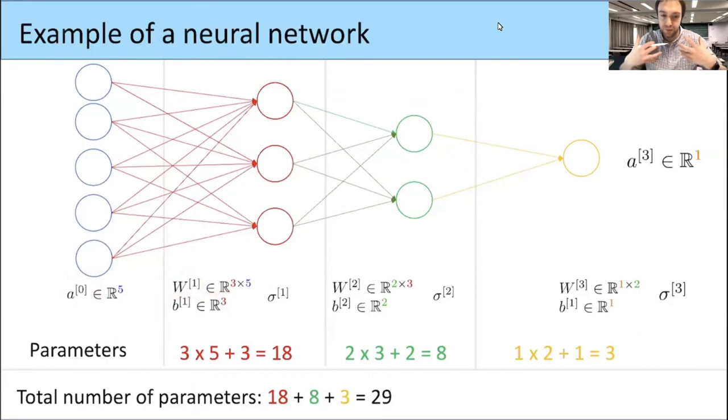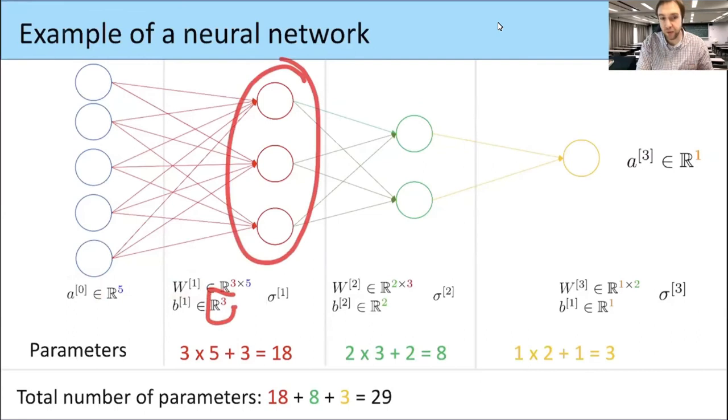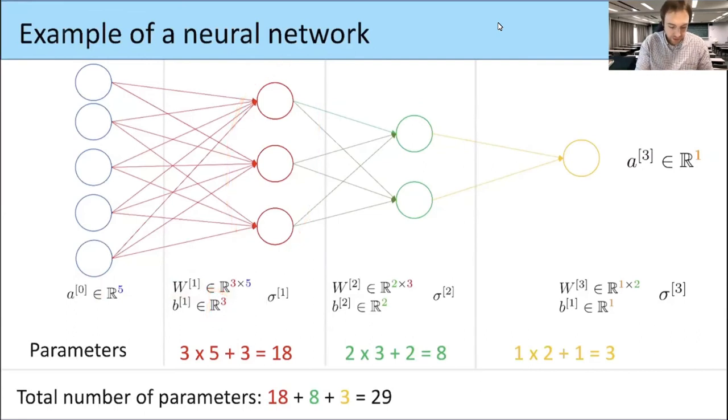This gives the linear part. Applying sigma 1 to the linear part gives A1, which also has size 3. This is the output of this layer, which then gets multiplied with this matrix here, which is a 2x3 matrix, and so on. In this example, we just have one output neuron, which, for example, could be used to decide a yes or no question.